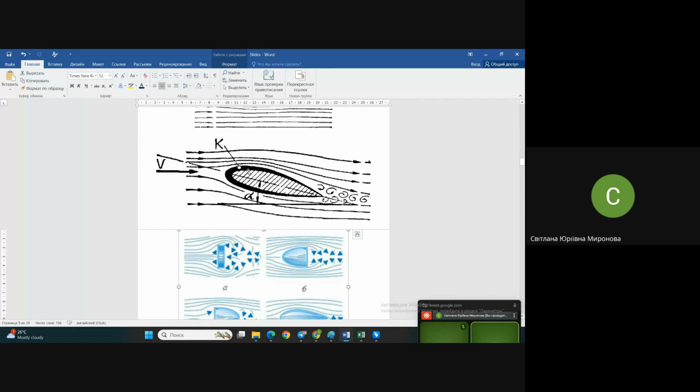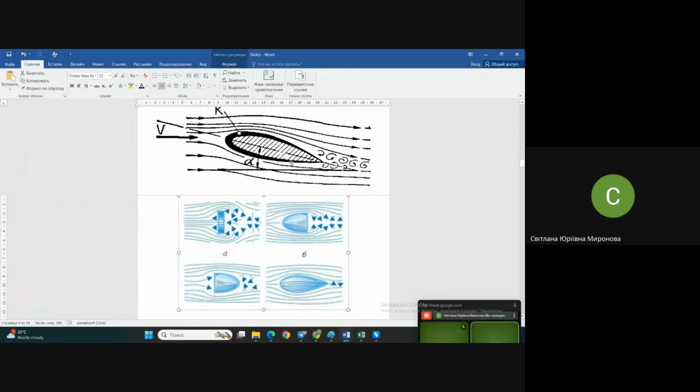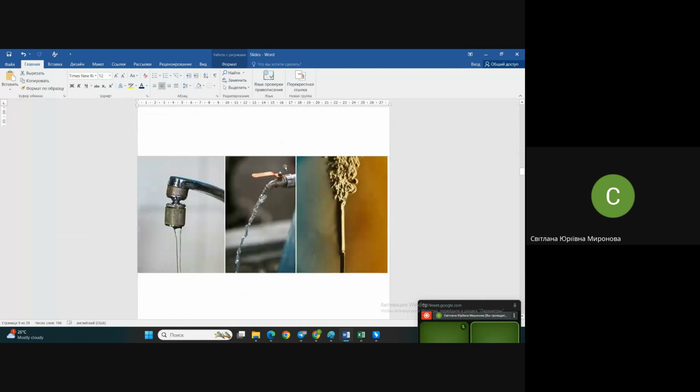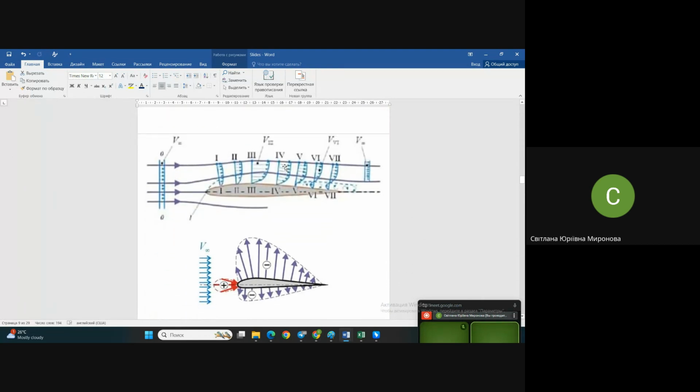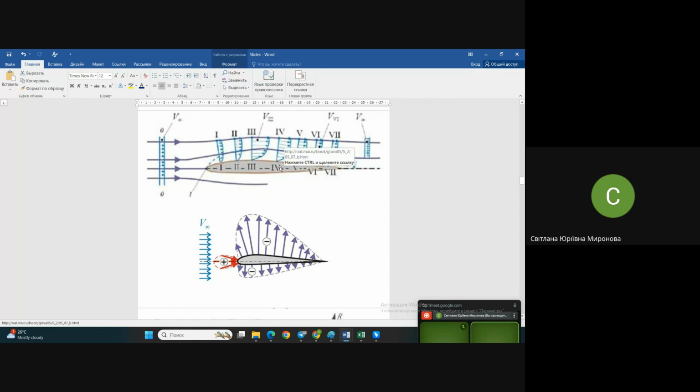Long silk threads are usually glued to the surface in order to study their behavior, how they show something behind this profile also, but quite clearly they do not show the whole changing of streamlines around the profile. But actually, it can be studied, and by results of these studies, people make those charts.